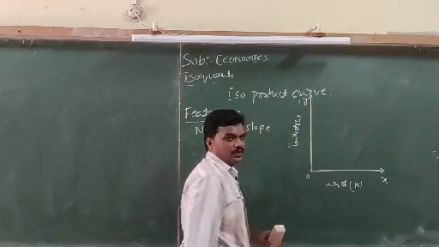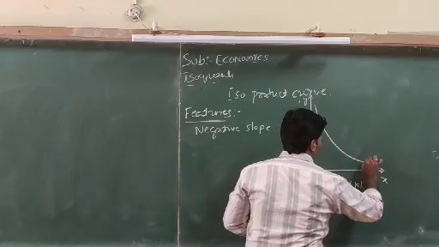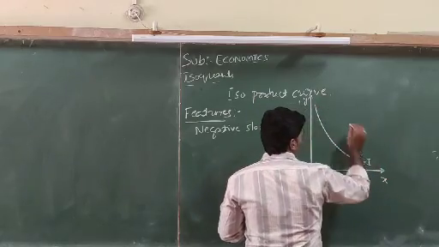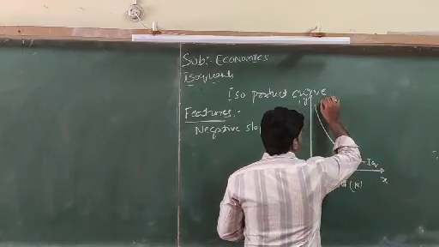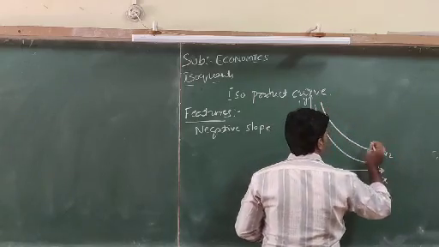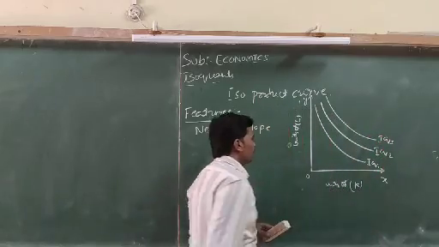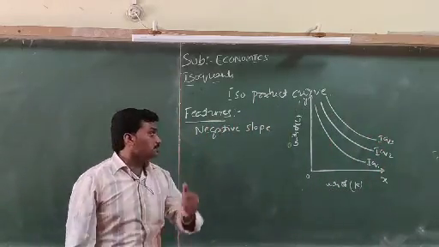Two inputs. This is one isoquant, IQ1. This is another isoquant, IQ2. This is another one, IQ3. So just observe the features.